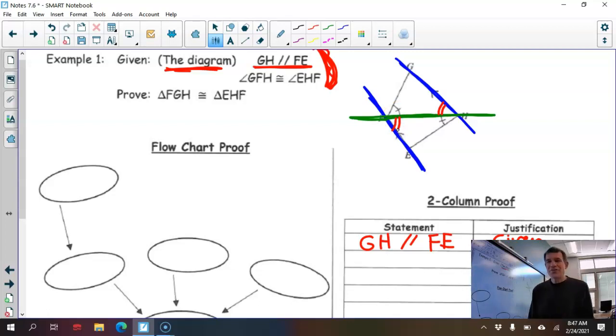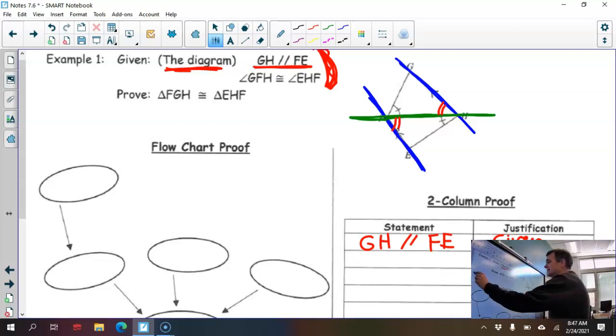What type of angles are those that we've learned about? Well, I hope you recognize that those are alternate interior angles. And because they're alternate interior angles between parallel lines, they are congruent. So this is my point. Almost anytime you're given parallel lines, that is a clue to help you find some congruent parts, some congruent angles.